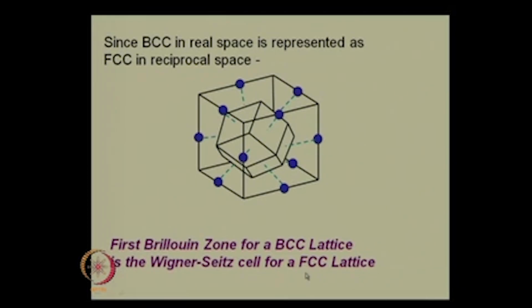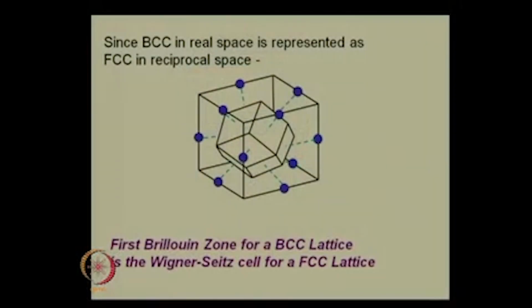I would suggest that you examine this carefully, so you understand what is happening as you go from one space to the other, and you also understand the scope of each definition and where we are applying it. If you follow these things carefully, you will not have confusion, you will be able to identify the Wigner-Seitz cell correctly, and you will also be able to identify the Brillouin zones correctly. So this is what we have done. We will now continue our discussion by looking at some other diagrams.